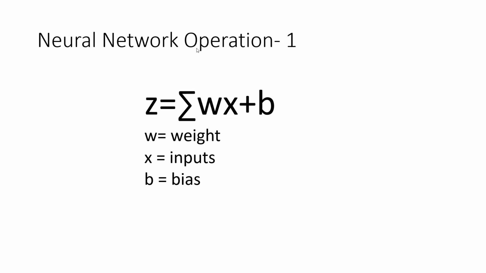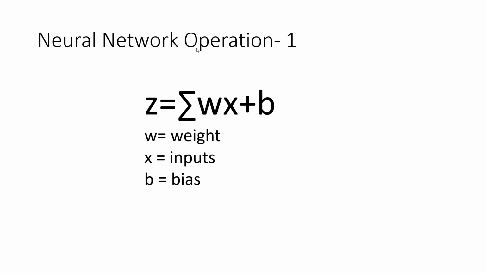Therefore, we need to add a bias to make sure that the output of this formula, that is Wx plus B, is never 0. This value of Z is taken and then passed through certain activation functions. There are multiple activation functions like sigmoid, ReLU, and a few more, and I will talk about them while building models so that they make more sense.